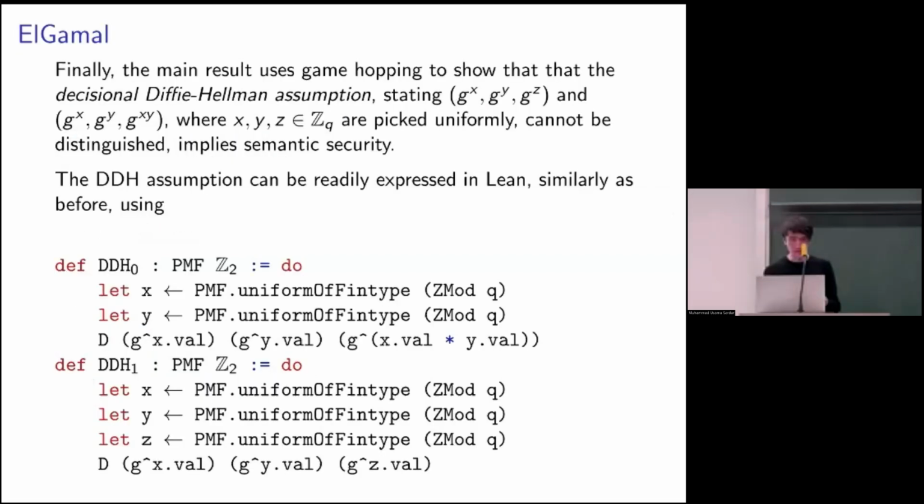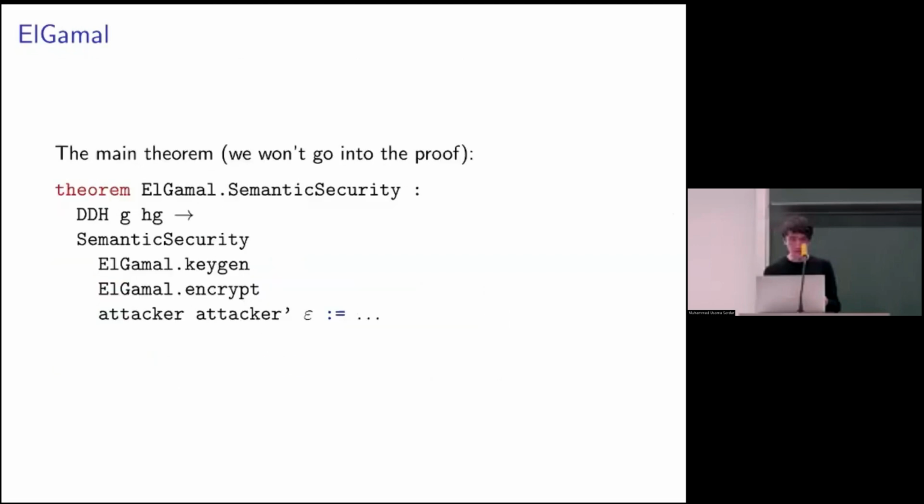And then finally, in CryptoLib, there is this main result, the semantic security for ElGamal, which states that given that the decisional Diffie-Hellman assumption holds, then the semantic security for the protocol also holds, and I won't go into the proof.